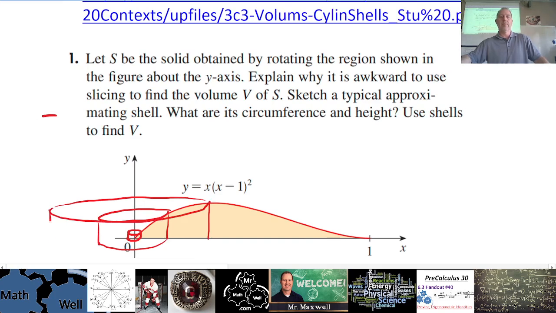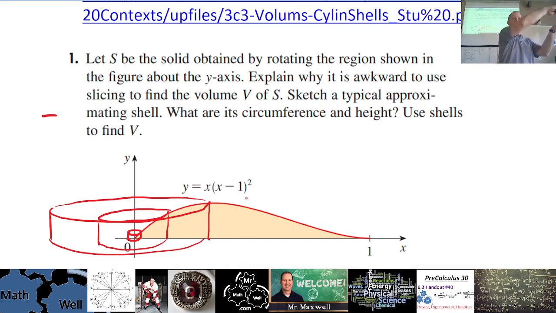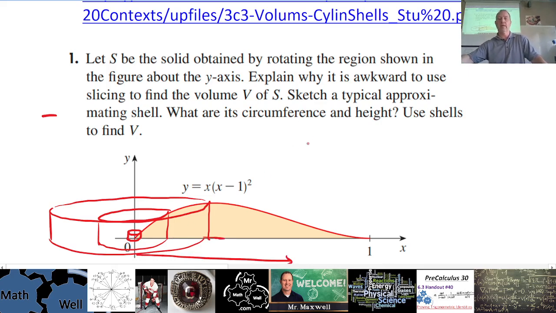Okay, you kind of see that. So this is way easier because remember, the height is what changes, and that's just the function. The height is just the function. There's only one function. The height is the function minus 0. The radius is simply values of x. So this becomes really easy to find the solid of revolution.